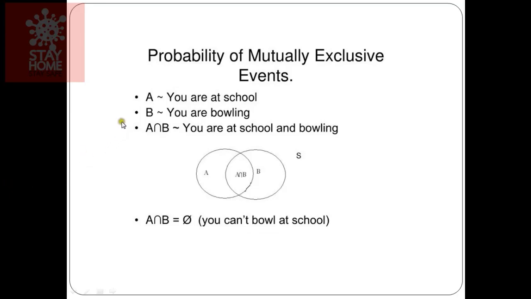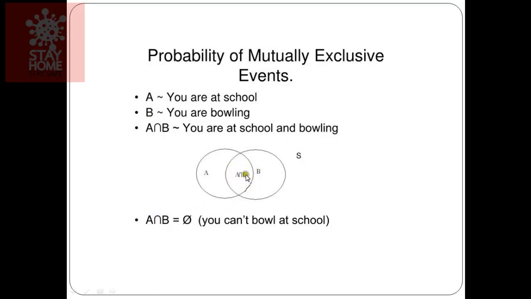Now the probability of mutually exclusive events. A: you are at school. B: you are bowling. It might be possible you are at school and bowling, and it might be possible you are at school and not bowling. So A and B, this will be the intersection area.